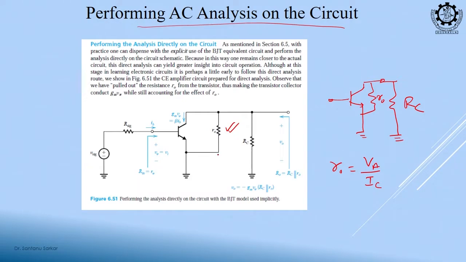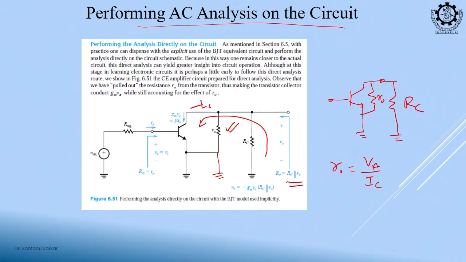Now, you see this node is also grounded, this node is also grounded. So, they come in parallel, and the current flowing through them in combination is minus IC. So, V0 is equal to minus IC into RC parallel R naught.